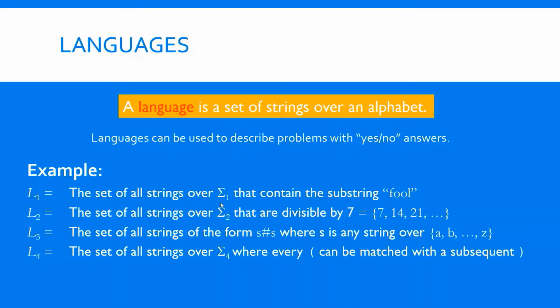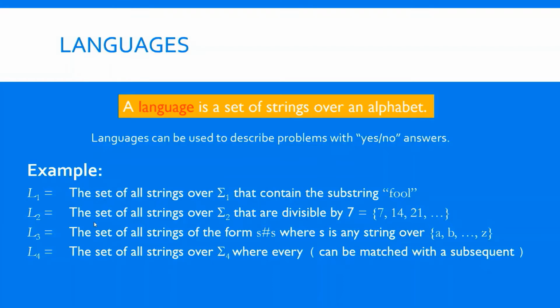So for one alphabet, many languages are possible. You can take any other language, school, high school. So those are the strings. You can take one string, you can accordingly frame your problem, or you encode it to a language over your alphabet.